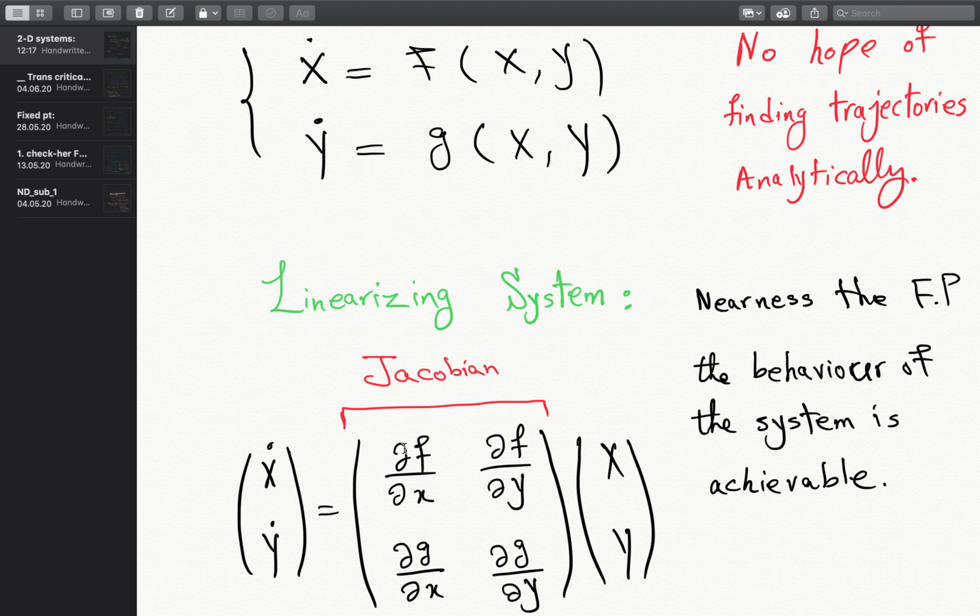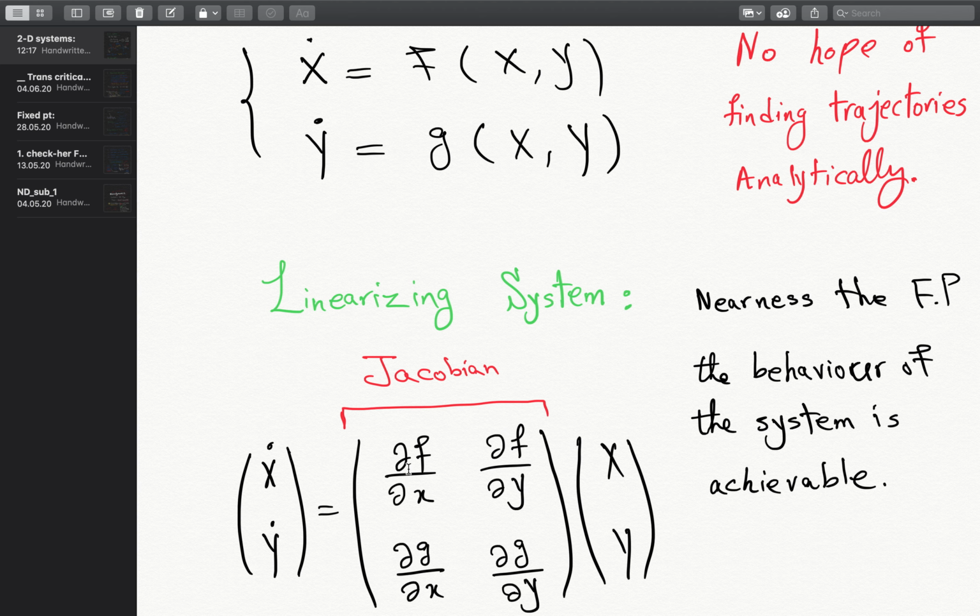So the first derivative of our f, which is x dot, with respect to x, was a, right? But it can be bigger. If it is a x squared, then it's 2a times x.